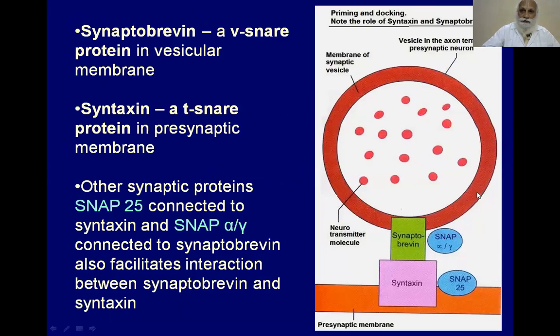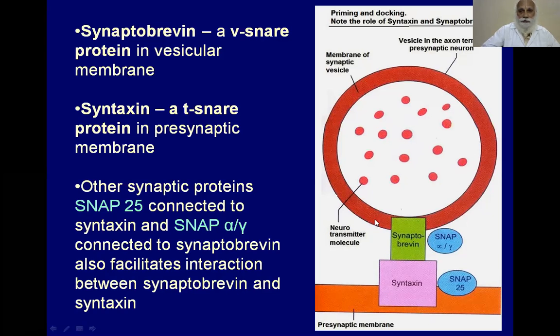This is a synaptic vesicle, and these red dots are neurotransmitters. Now, the synaptic vesicles are moved towards the presynaptic membrane because of the calcium, and they accumulate inside the synaptic terminal. They will also be attached to the presynaptic membrane.